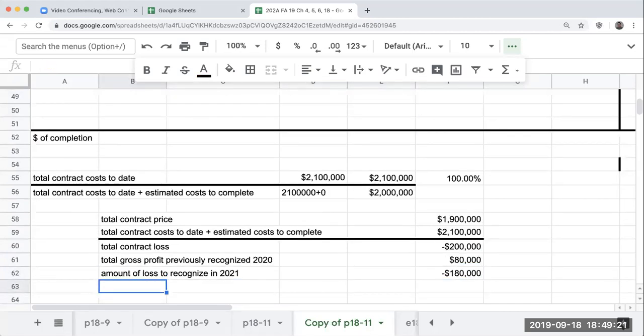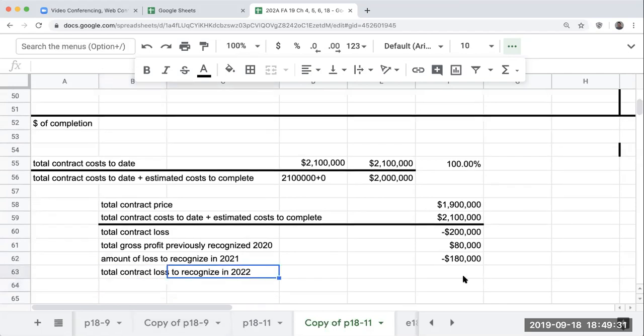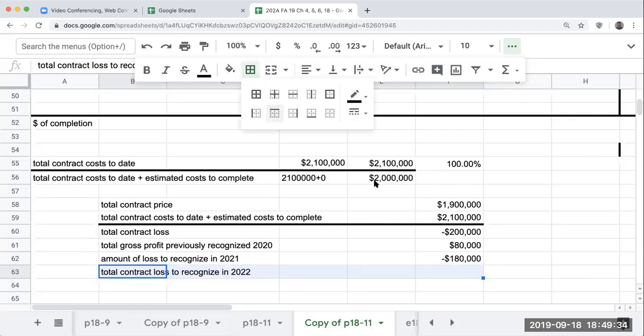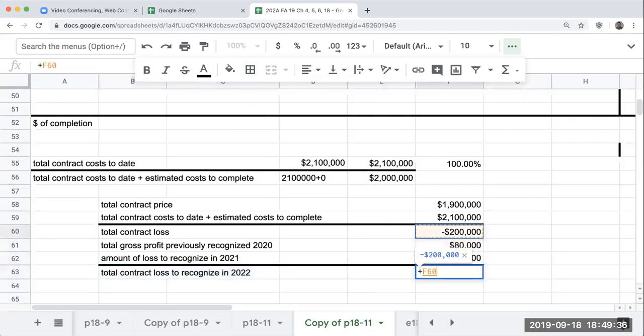So my total contract loss to recognize in 2022 is going to be the 200,000 minus the 80,000 minus the 180. So the total contract loss I need to have here is 200,000. I did recognize profit in 2020. I recognized a loss here of 180.